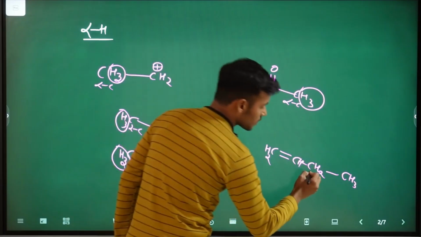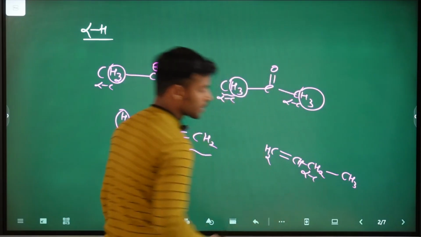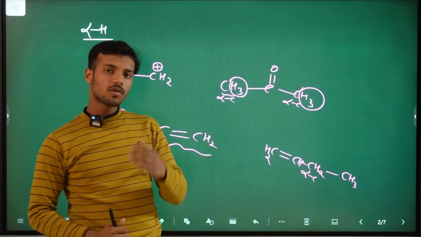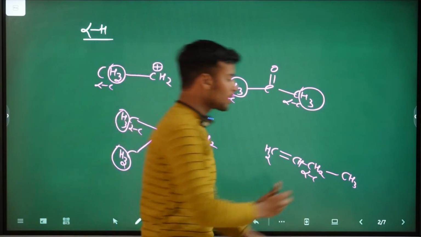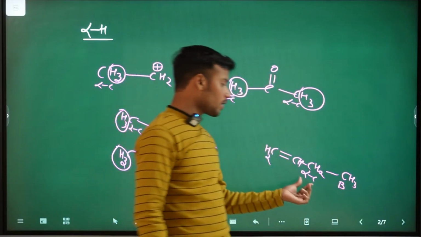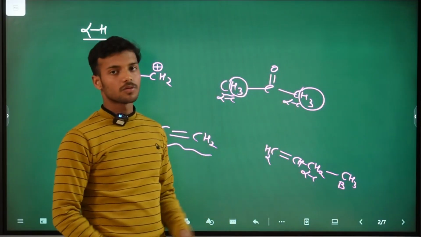In this example, this is alpha carbon. In the case of hyperconjugation, we only focus on the alpha position. There is no role of the beta position, so we only look at the alpha position.